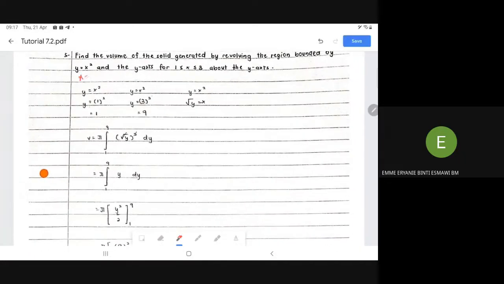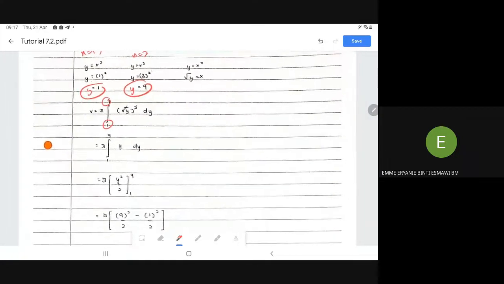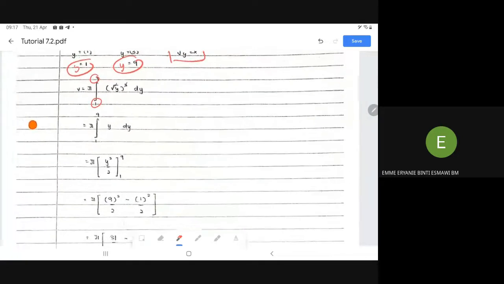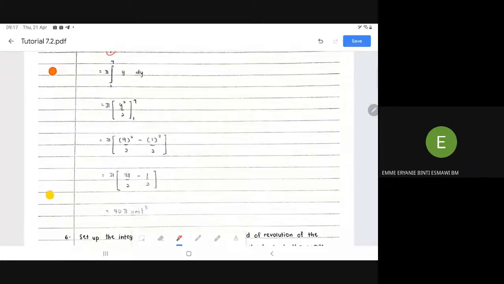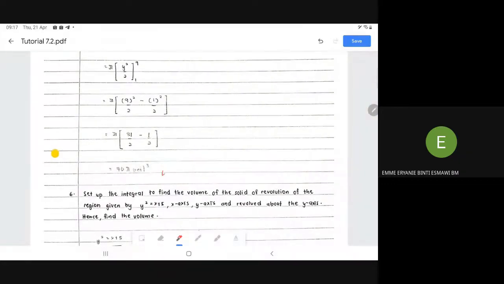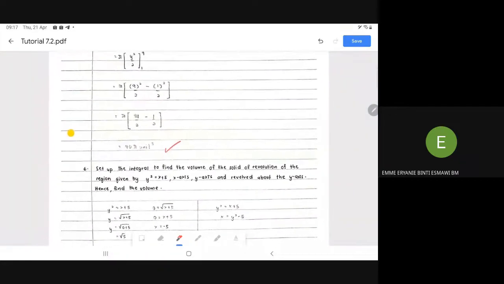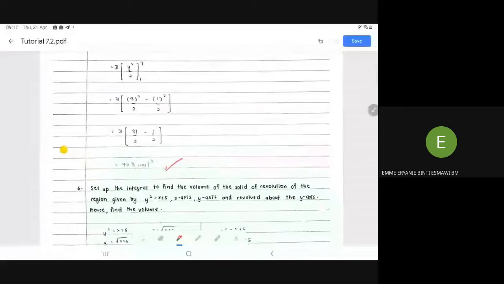Dia masukkan when x is 1, y is 1. When x is 3, y is 9. Okay, lepas tu dia masukkan nilai ni sebagai limit. Okay, lepas tu ditukar x sebagai subjek. Okay, lepas tu kita letakkan limit 9 dengan 1 dalam situ and then you get your answer. Okay, dapat macam tu. Very good.